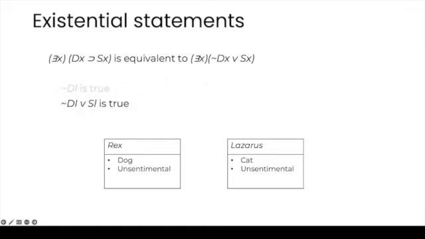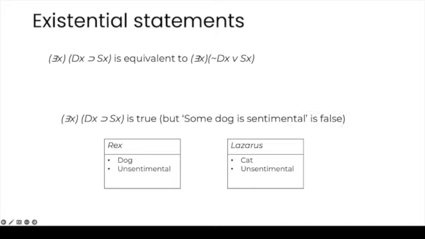Then, again, "not Dl or Sl" is true, again by the evaluation rule of the v. Therefore, "if Dl, then Sl" is true. And so "there is an x, if Dx, then Sx" is true. But again, "some dog is sentimental" is false. So they are not true in the same situations. So this is not a good symbolization of the English sentence.